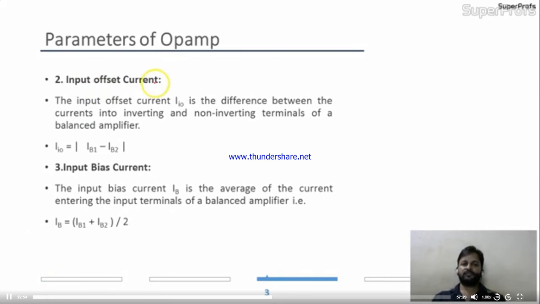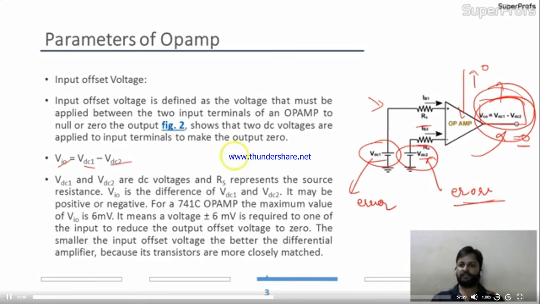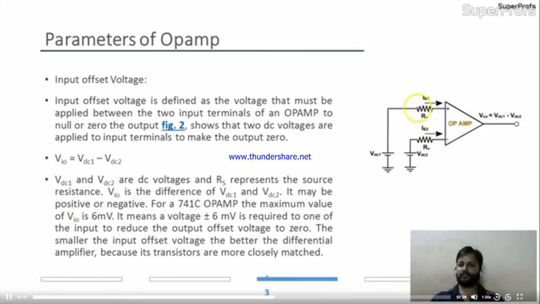So input offset current, let's come to the second parameter, that is the input offset current. The input offset current IIO is the difference between the currents into the inverting and non-inverting terminals of a balanced amplifier. See, in the positive terminal, or I'll say the non-inverting terminal, the current is IB1. Here the current is IB2.